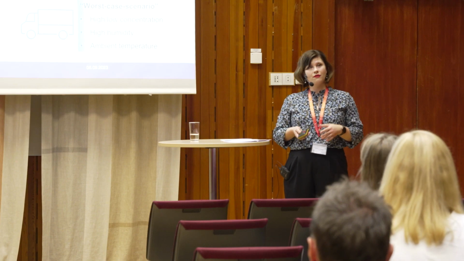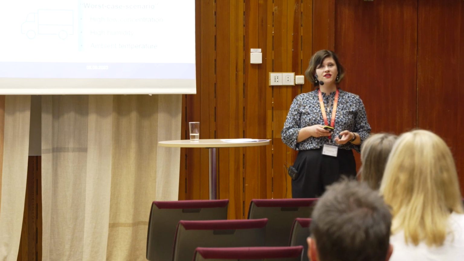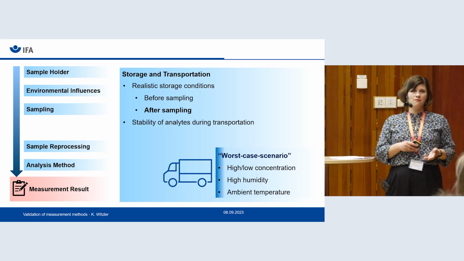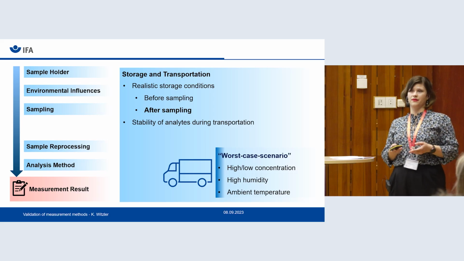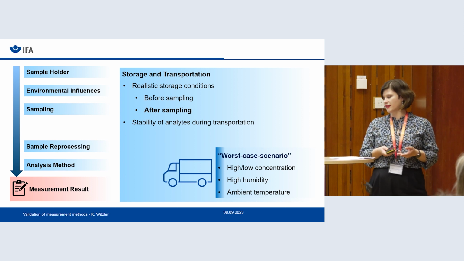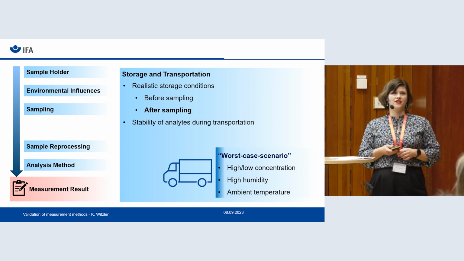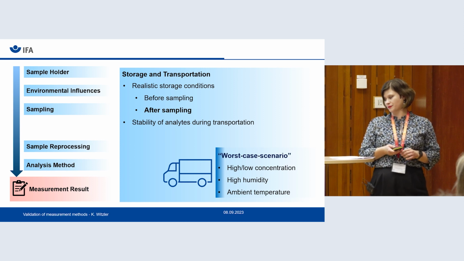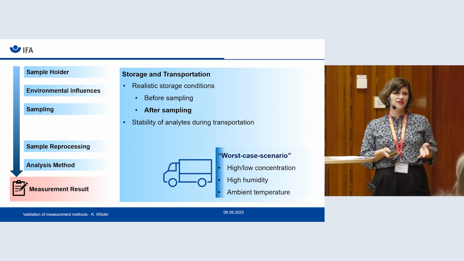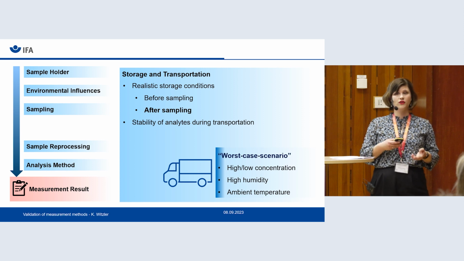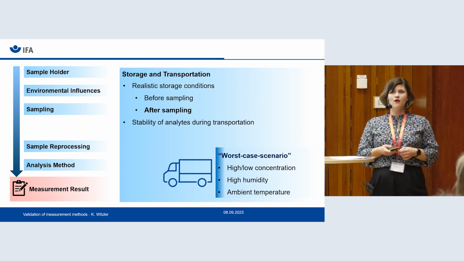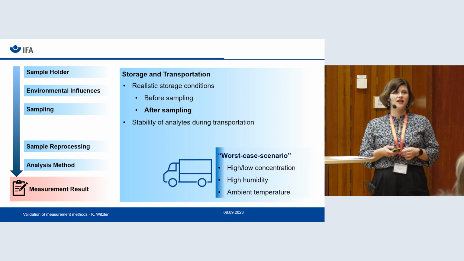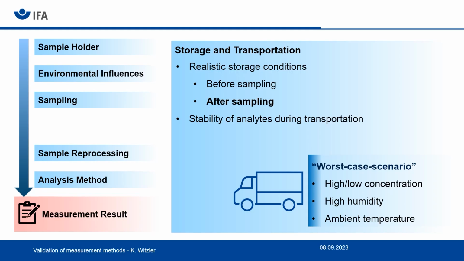So you have really high and really low concentrations, high humidity, and ambient temperature, or even above ambient temperature, but not refrigerated, so the worst case scenario conditions. And the loss should be less than 5% of the overall concentration. The stability before the sampling is only necessary if you have coated filters or something like that. For other samplers, the shelf life is given by the manufacturer.